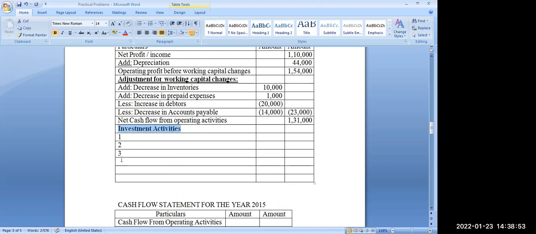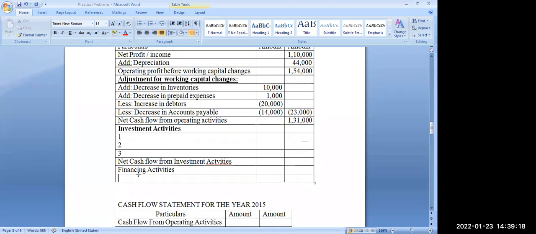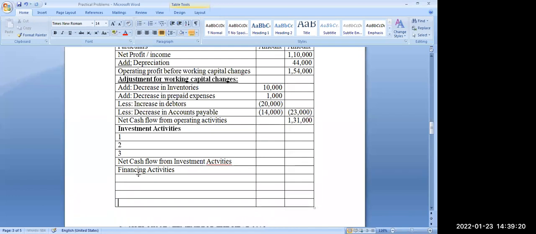You will write the net cash flow from investment activity. After that, you will write the financing activities one by one, depending upon the company's data. Say, for example, you have three items.